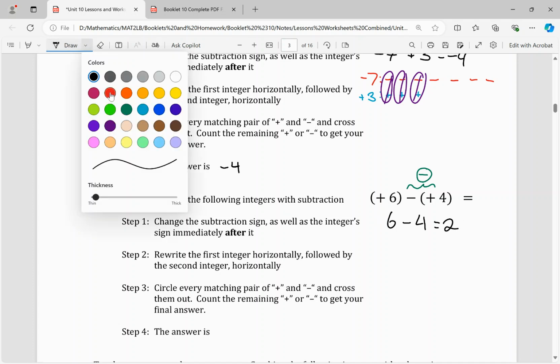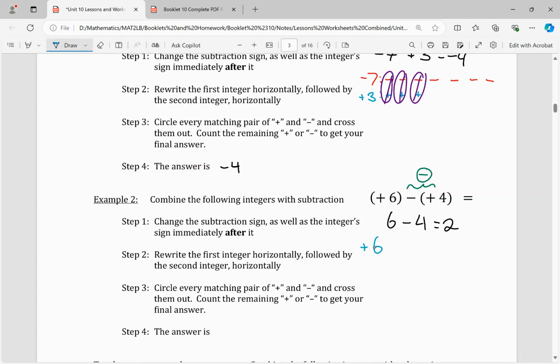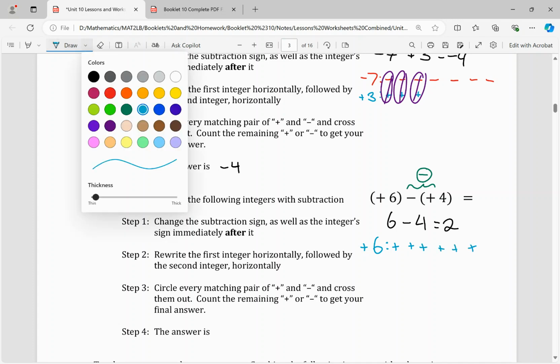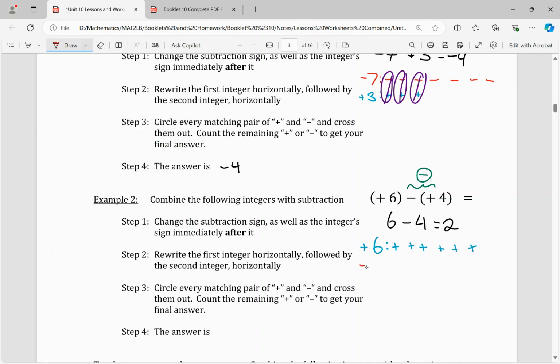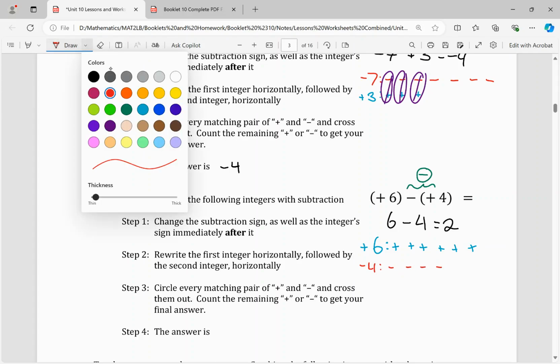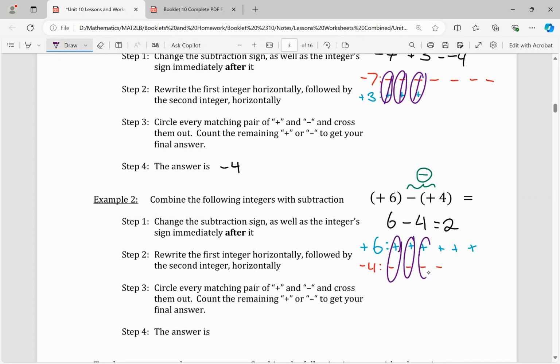But if you wanted to, you could use this method that we have been using so far, where +6 means that I draw 6 pluses, and -4 means that I draw 4 negatives, right?